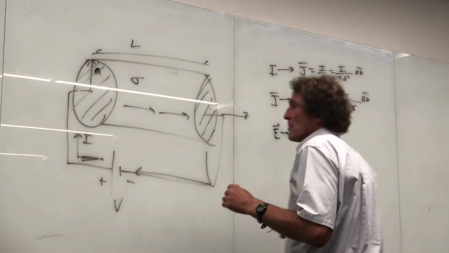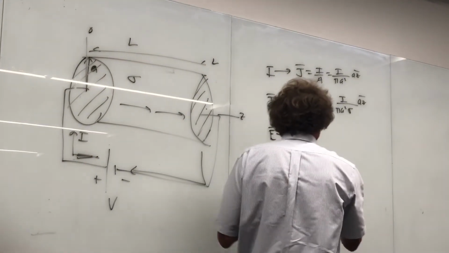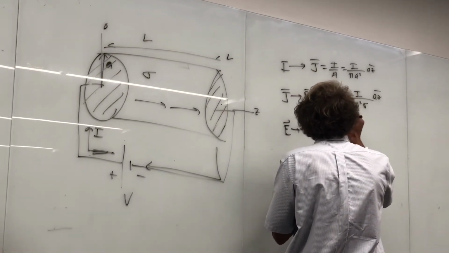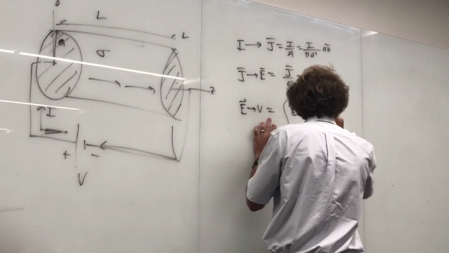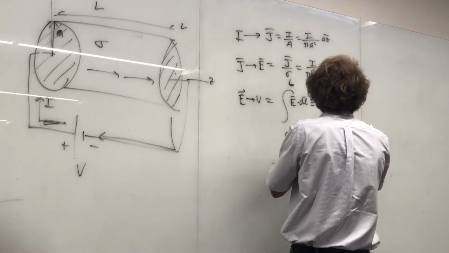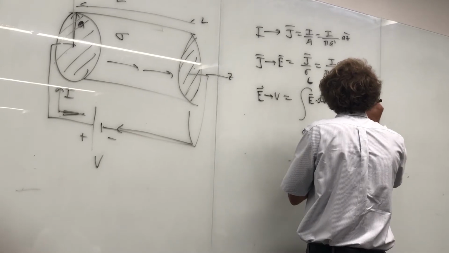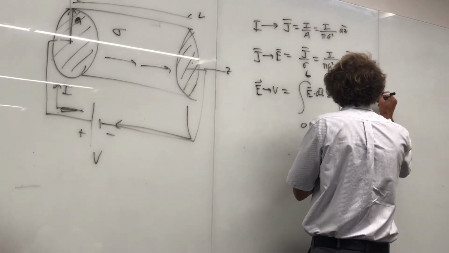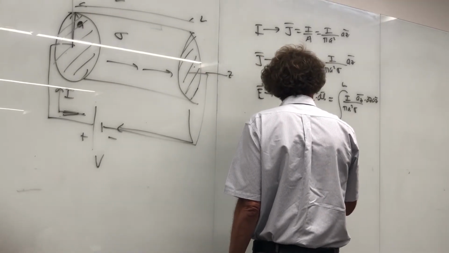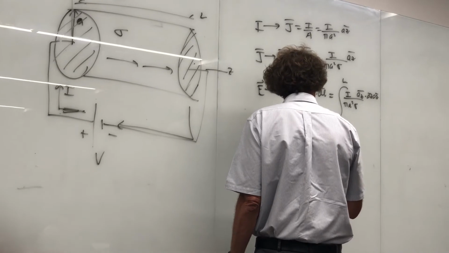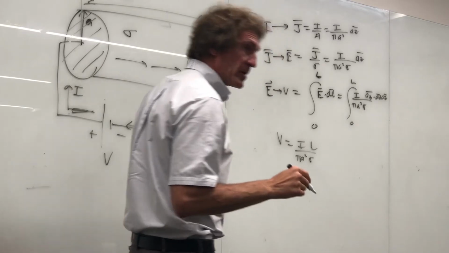So now you go from 0 to L, and I take the integral of E dot dl, which means it's the integral from 0 to L of I over pi A squared sigma aZ dot dz aZ, and here I get a voltage V equal to simply I over pi A squared sigma times L. Does everybody follow me on that?